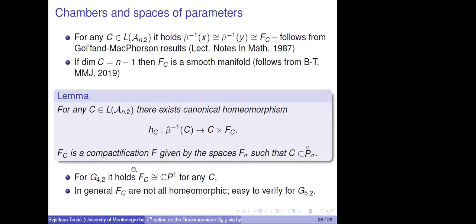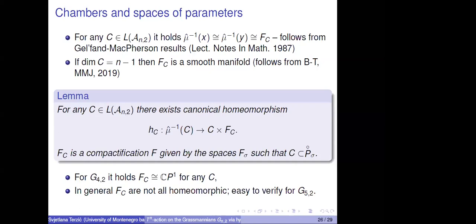So we have this decomposition of Δ_{n,2}, and we consider the pre-images in the orbit space. G_{4,2} is somehow the simplest case, and for G_{4,2} these F_C are all homeomorphic to CP^1. Already for G_{5,2} that is no more the case.